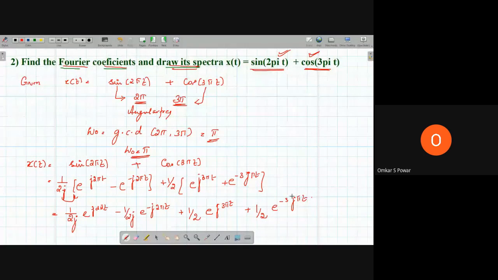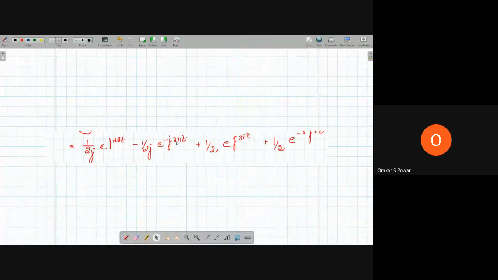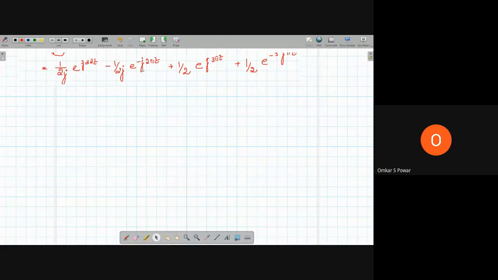Now I have to compare with the expression which is our analysis equation. So let me take this to the next page so that we will not have any confusion. Add a new page. Okay, so I have my expression here. We have to compare with the analysis equation.